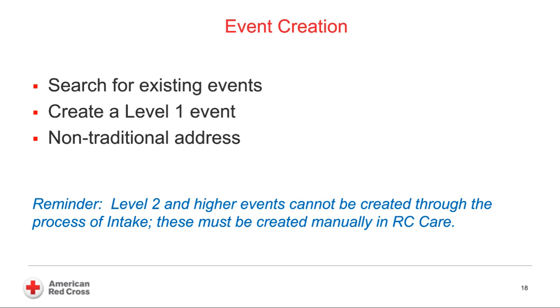And during that event creation, RC Care will use address standardization, which is a process of formatting that address so that it matches the approved format of the National Postal Authority. And it can also accommodate non-traditional addresses for events and cases. For example, if there is no street address, it can look at cross streets.